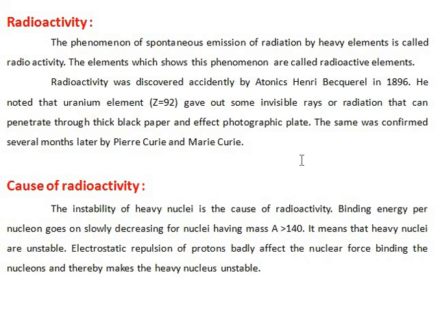Cause of radioactivity: the instability of heavy nuclei is the cause of radioactivity. Binding energy per nucleon slowly decreases for nuclei having mass number A greater than 140. It means that heavy nuclei are unstable. Electrostatic repulsion of protons badly affects the nuclear force binding energy and thereby makes the heavy nucleus unstable.